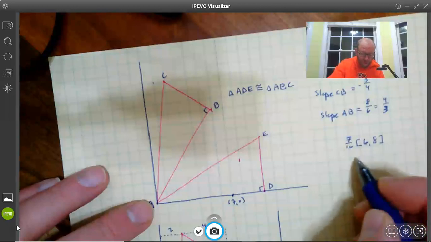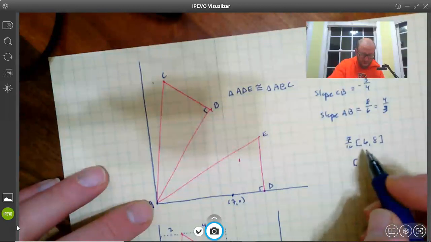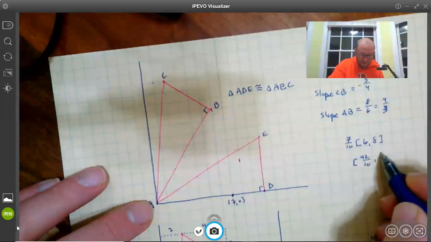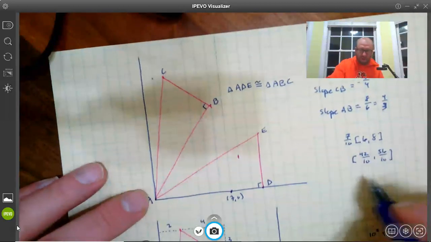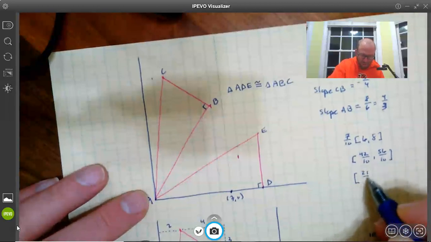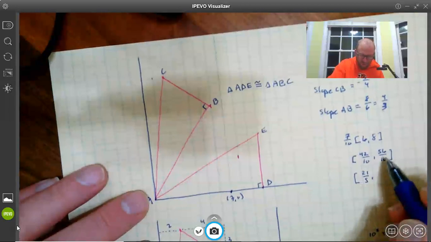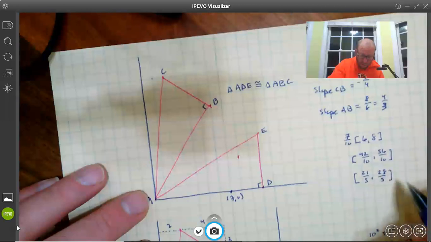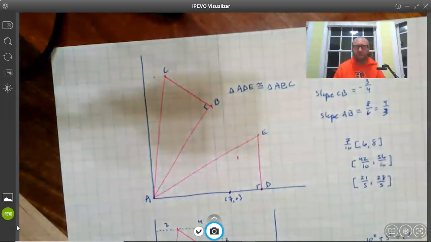And so that's going to give us the vector 42/10 and 56/10. I can reduce those two fractions. So that's 21/5 and 28/5.